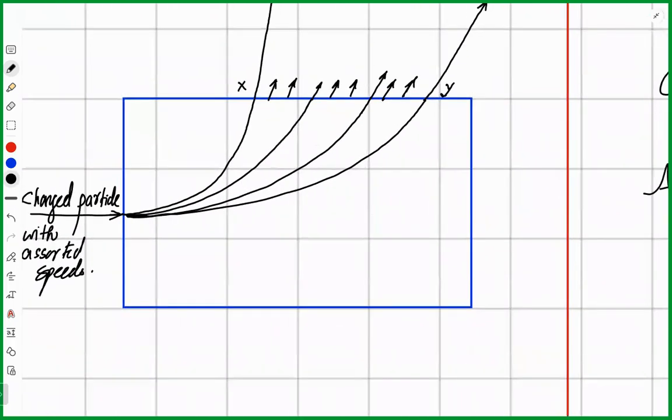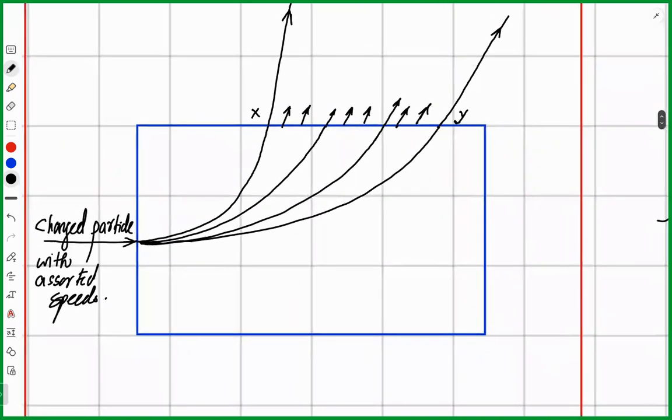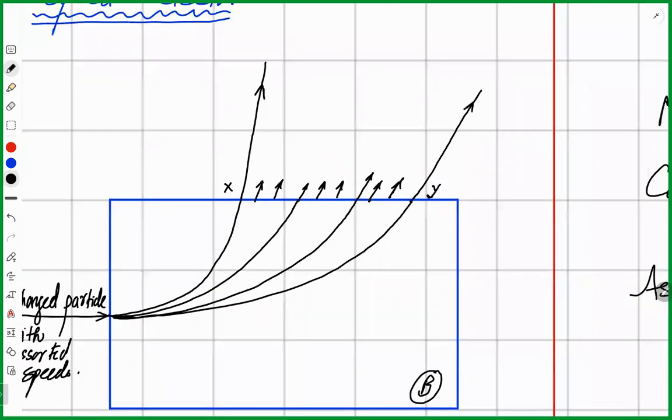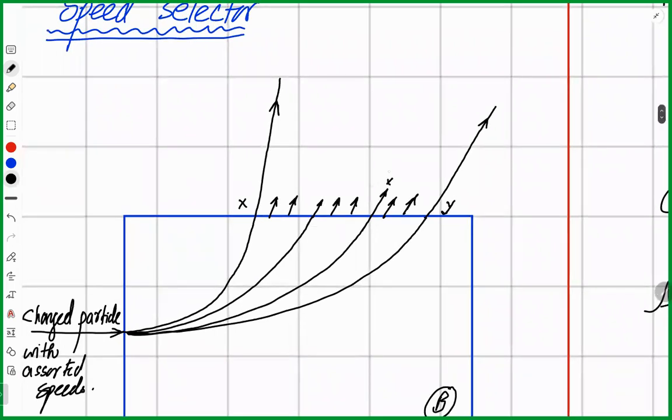This arc is a part of a circle with larger radius. That means the Y particle is the fastest and the X particle is slowest. If we know the strength of the magnetic field and the charge on each particle, we can actually calculate the speed of any particular particle based on its position where it comes out of the magnetic field.